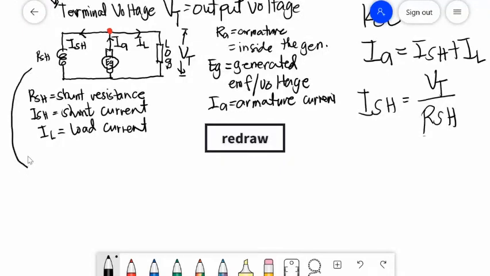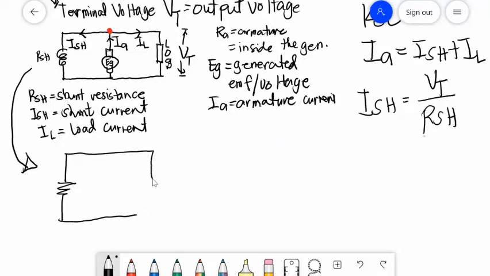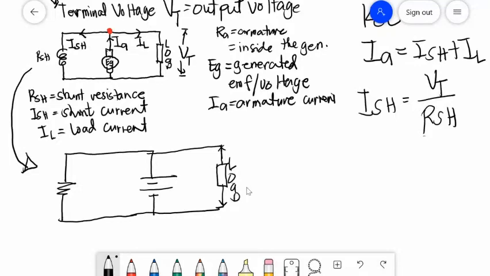We can rewrite this in terms of a battery. This is your RSH, the load, and the terminal voltage.